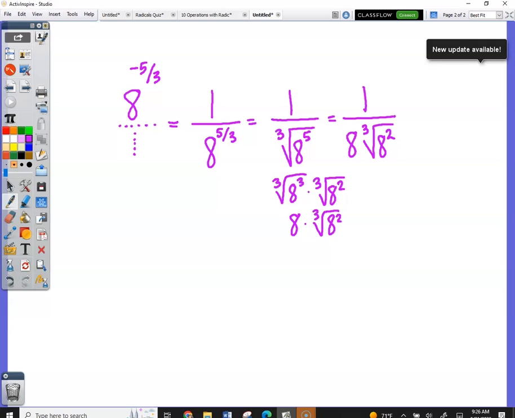The rational exponents are more challenging or less challenging than rational expressions. When it was the big fraction, you had to add, subtract, multiply, or keep, change, flip, divide. Is this more difficult?